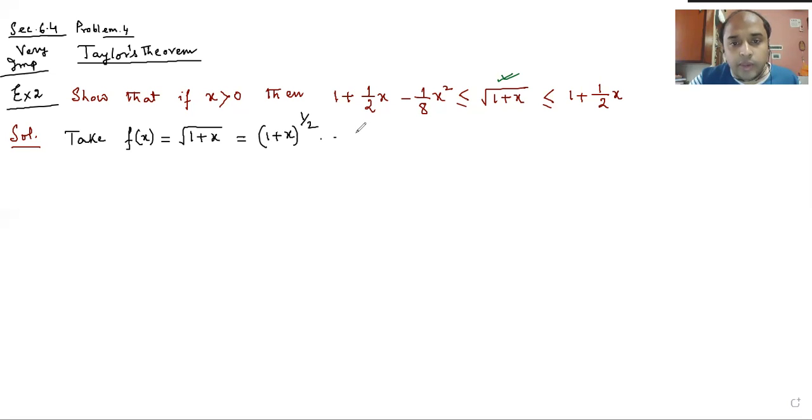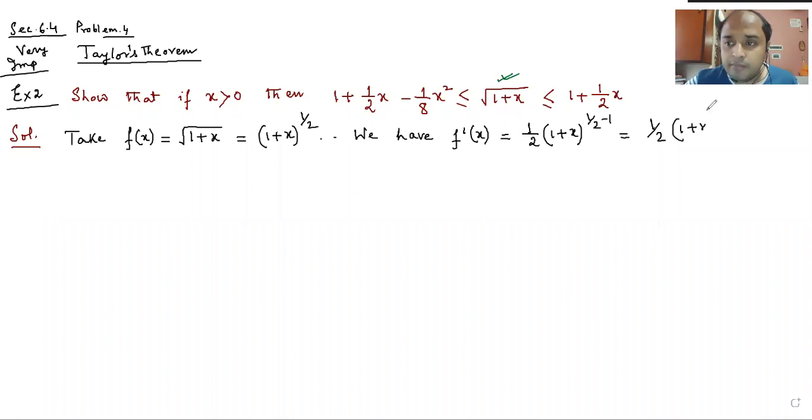So we have f dash x, this is half (1 plus x) to the power half minus 1, which is half (1 plus x) to the power minus half. Okay, so that is your f dash x.